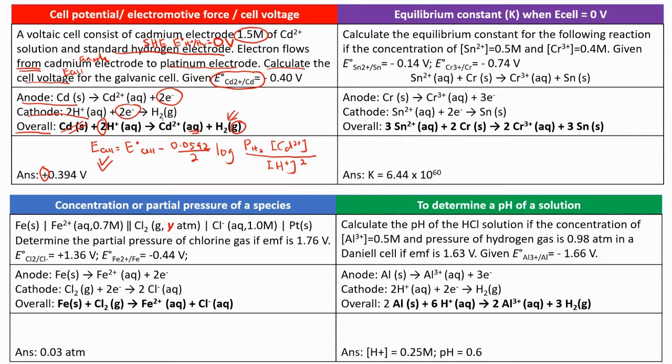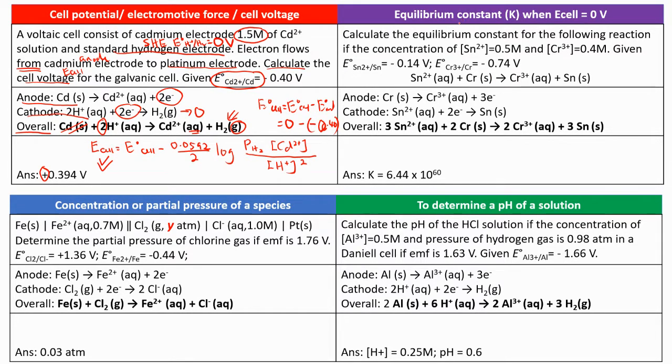From here, you will know that E cell, this is a revision, equals E naught cathode minus E naught anode. Our cathode will be 0. Then our cadmium is minus negative 0.40.